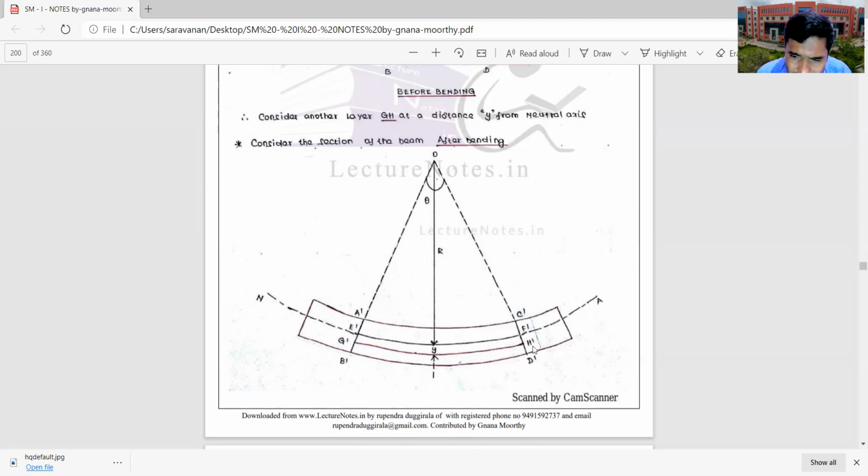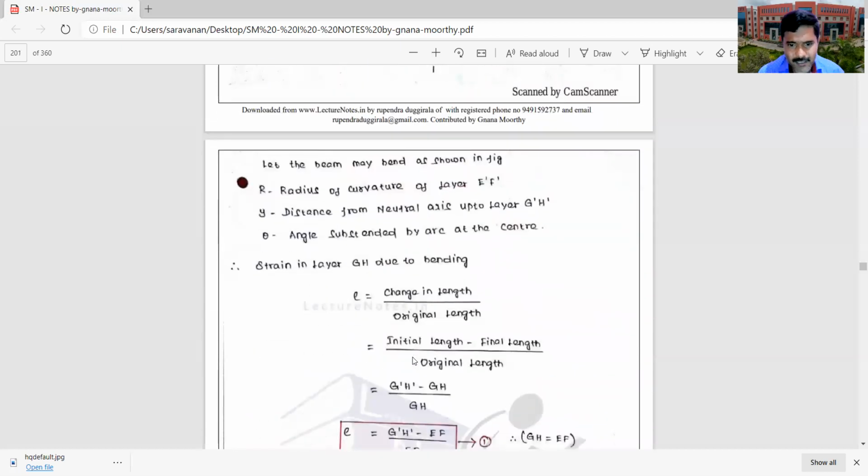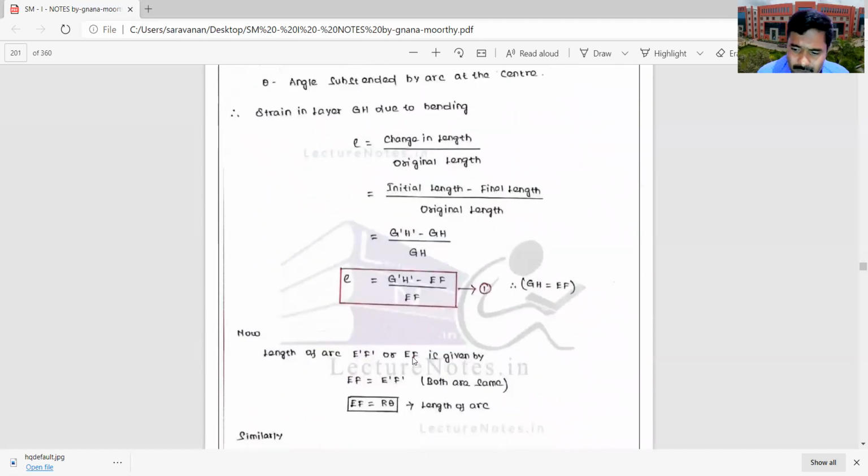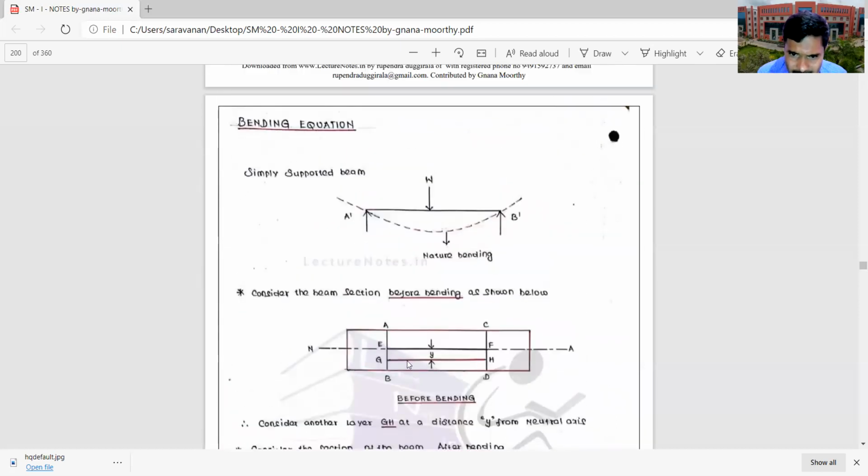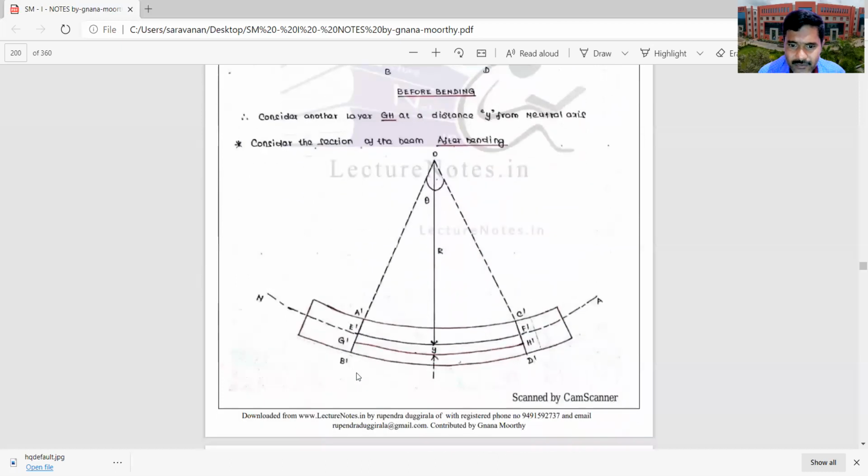Therefore, strain is G dash H dash minus GH, divided by the original length GH. Now, GH is equal to EF, both layers being the same.